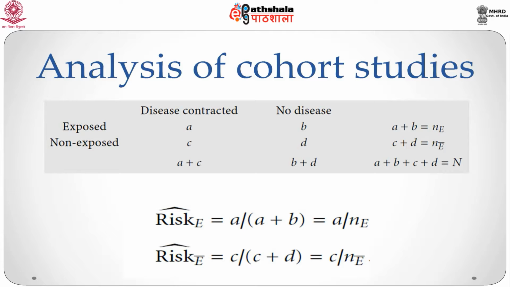We can then define the risk among those exposed as risk E hat equal to A/(A+B) equal to A/NE, where NE is the number exposed, and risk of E bar hat equal to C/(C+D) equal to C/NE bar.